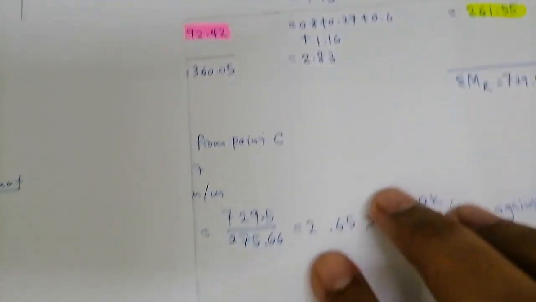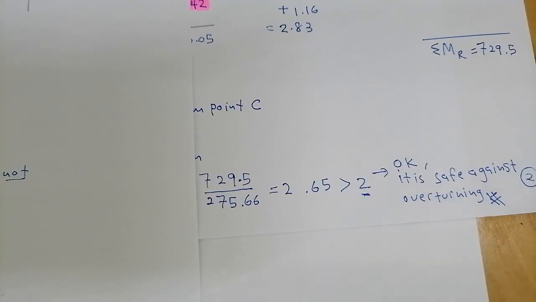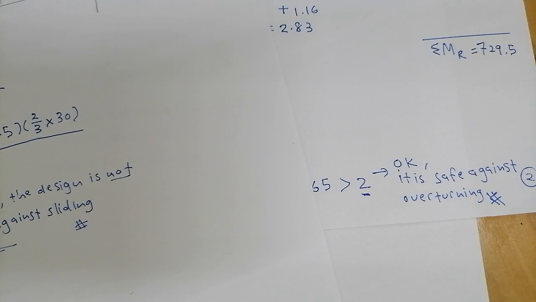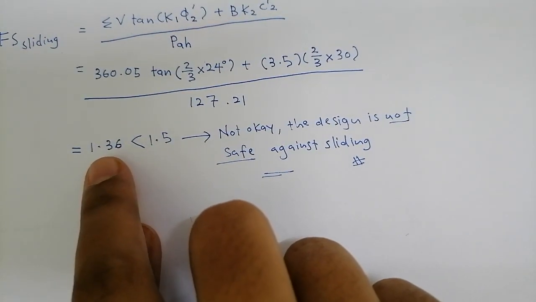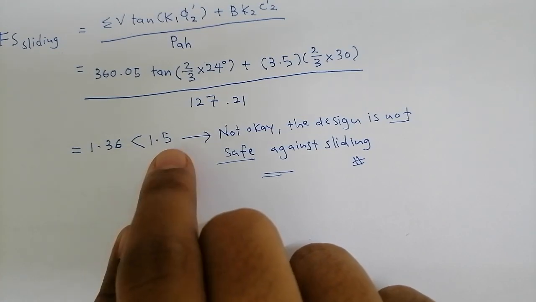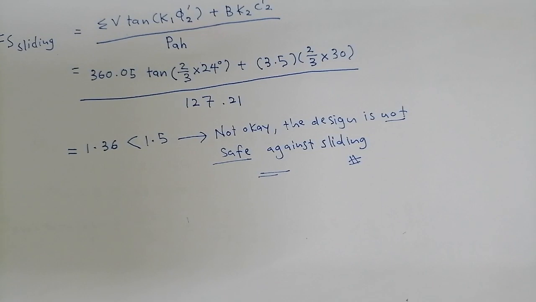For overturning, we got 2.65, and it is bigger than 2. It is safe against overturning, meaning your dimensions are okay against overturning. But when you check for sliding, the factor of safety is only 1.36, and it is smaller than 1.5, the minimum requirement. So the design is not okay.